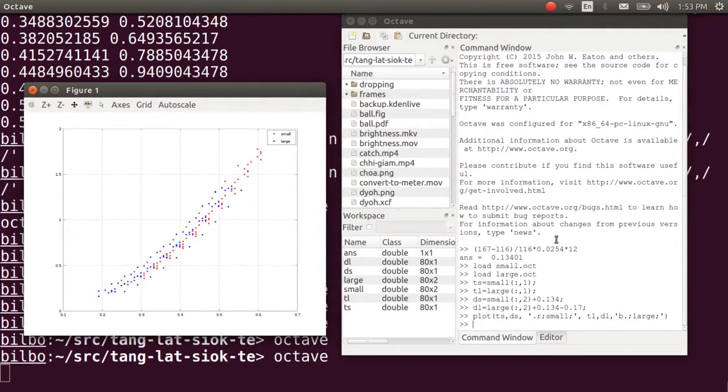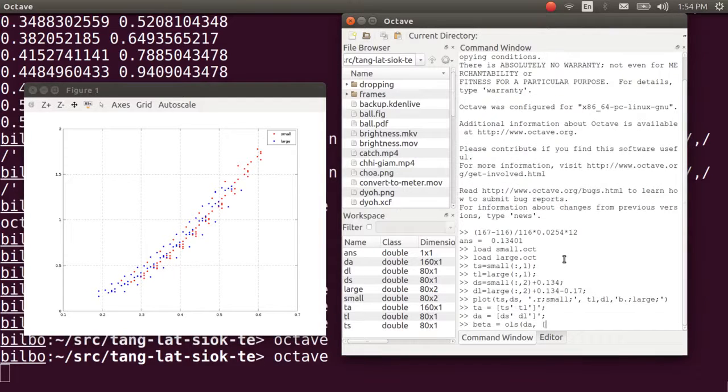The horizontal axis is what time it is, and the vertical axis is the distance it travels. The red dot is the small ball, and the blue dot is the large ball. You can see the trend. To find the trend, we need to do the regression.